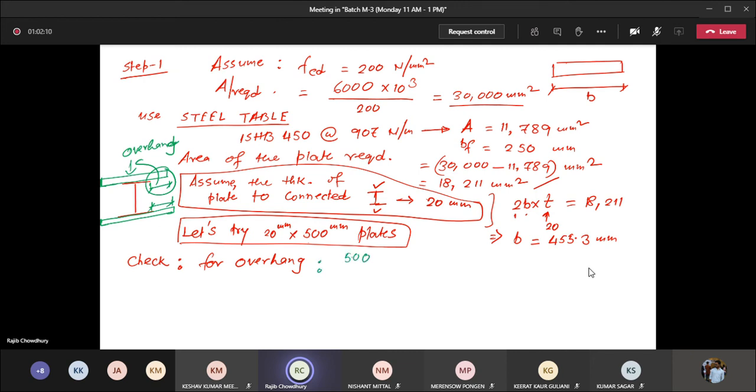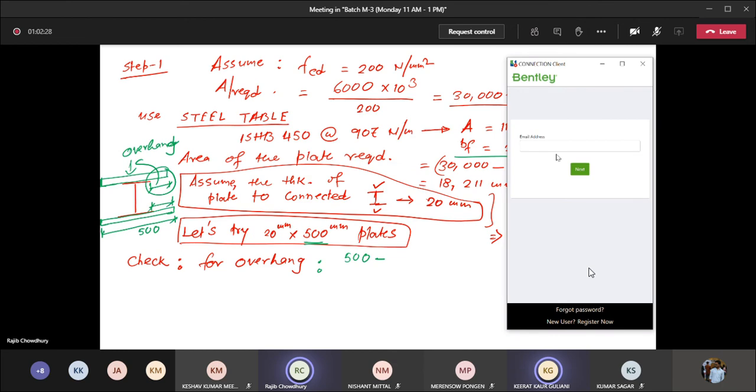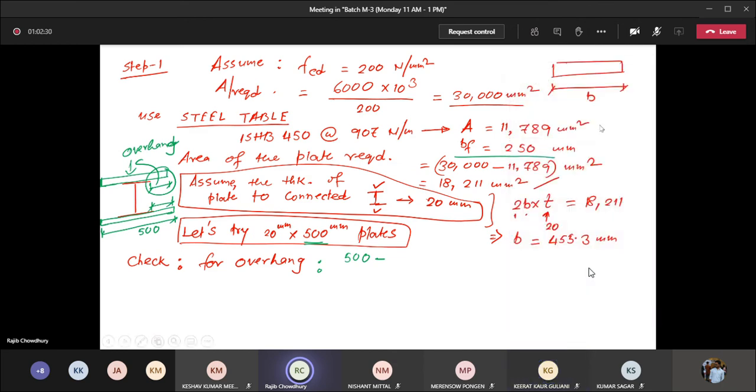So how much would be the overhang portion? 500 is the total. This is your 500. How much is the flange of the I section? 250. So 250 divided by 2, multiplied by 20.